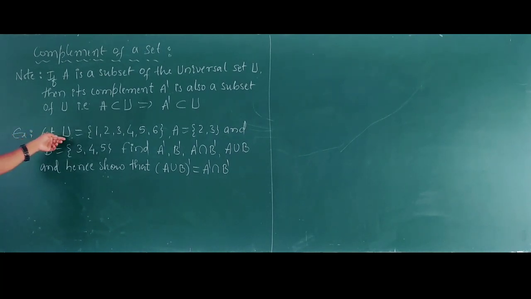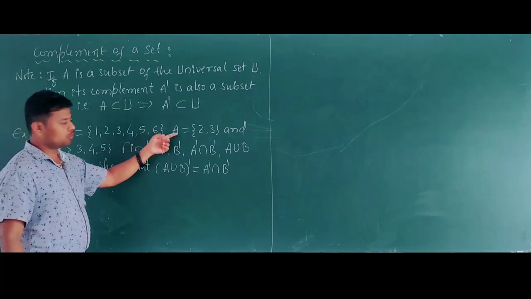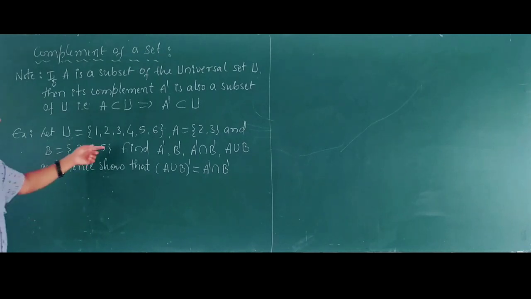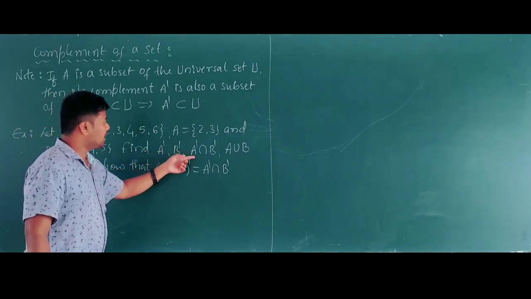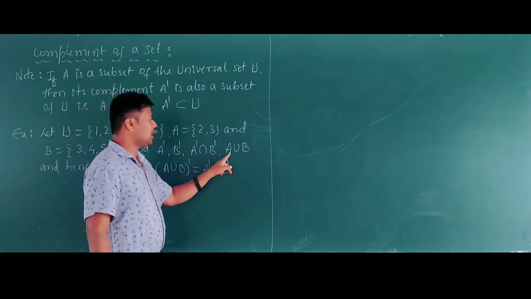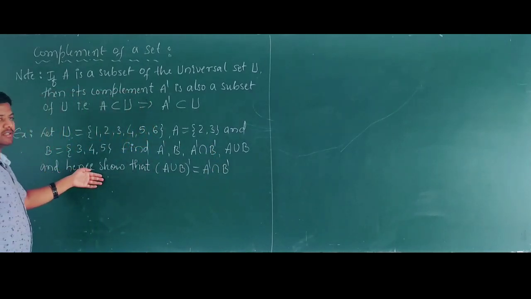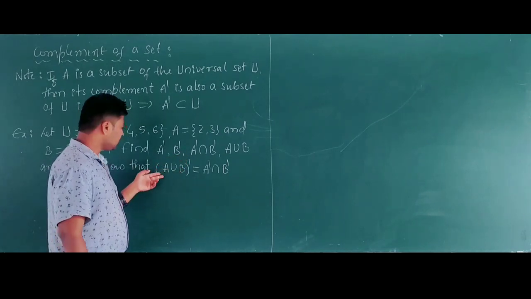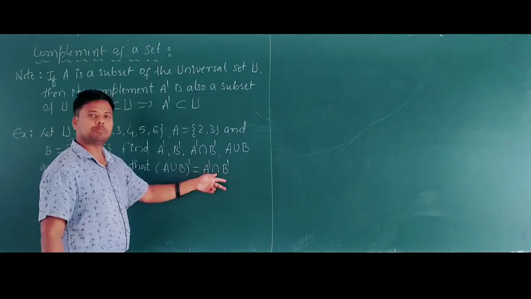Example: let U equal 1, 2, 3, 4, 5, 6, set A equal 2, 3, and set B is 3, 4, 5. Find A dash, B dash, A dash intersection B dash, and A union B. And hence show that A union B whole complement equals A complement intersection B complement.